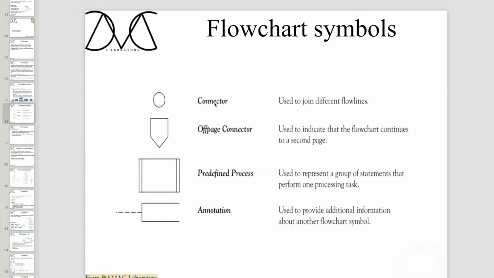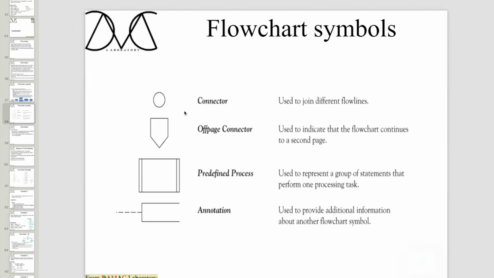For example, the connector. Why do we use it? When you write a big flowchart or a complex flowchart, there is a requirement to combine multiple flow paths and generate a single path.